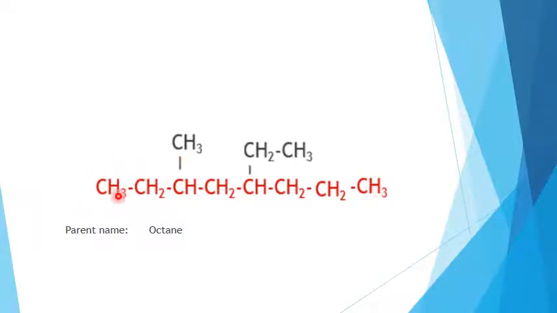So here you go: octane. If you notice, each carbon has the right number of bonds. This carbon has 3 hydrogens and also bonds to this carbon. This carbon has 2 hydrogens, and it's not bonded to these H's. It's bonded to this carbon. So all the carbons are bonded to each other, and the H's are the ones sticking on the outside.